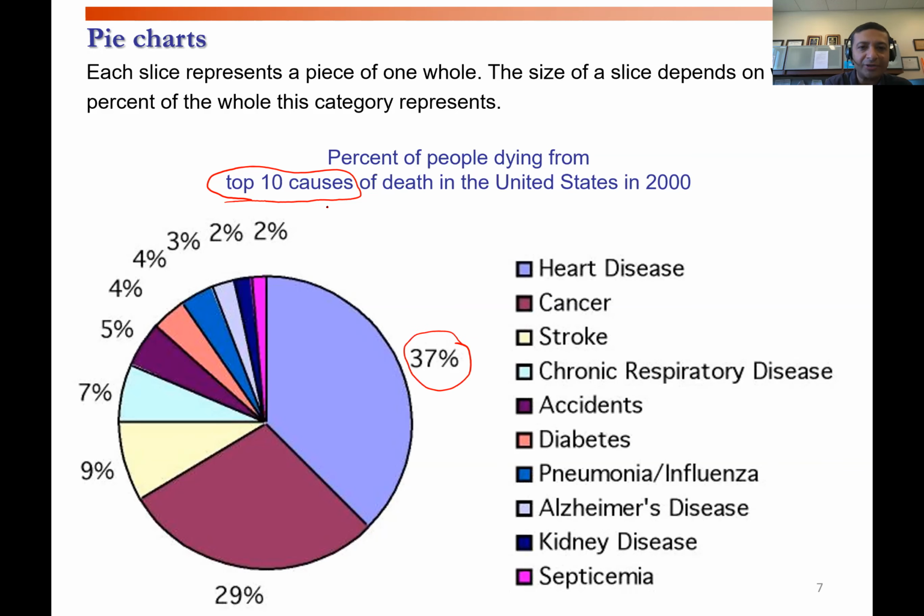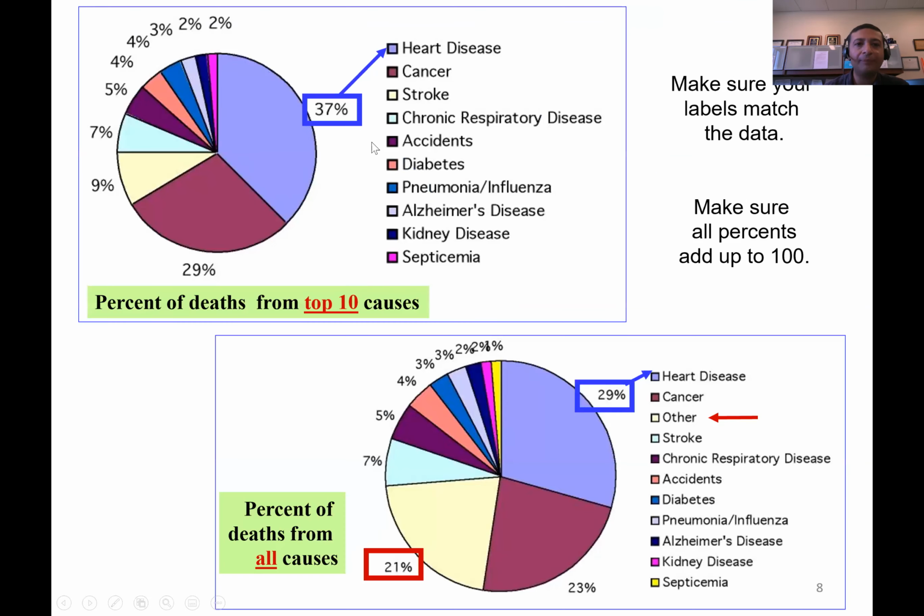You have to understand the underlying condition, which is top 10 causes. That is different from, let's say, looking at percentage of deaths from all the causes. As you can see, those numbers change, and you have something called other that is also clearly articulated in this section.